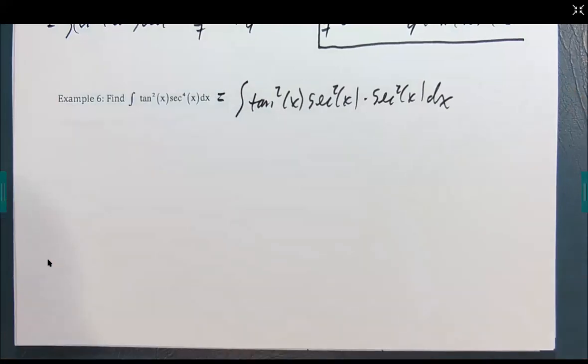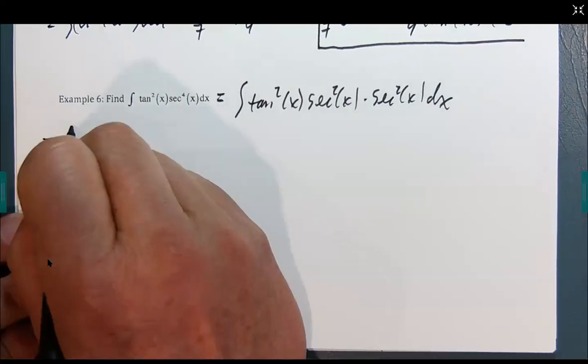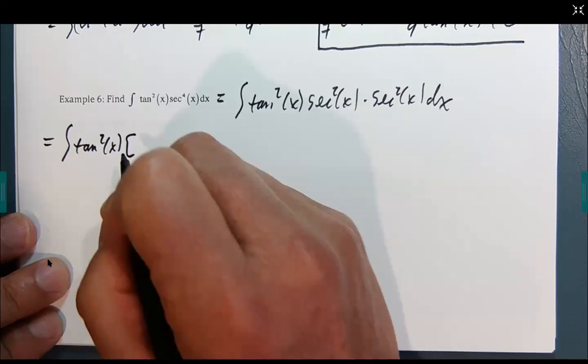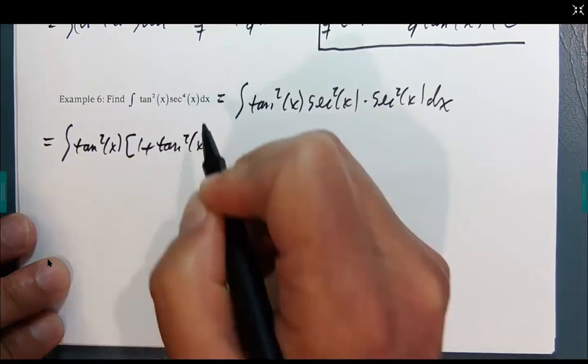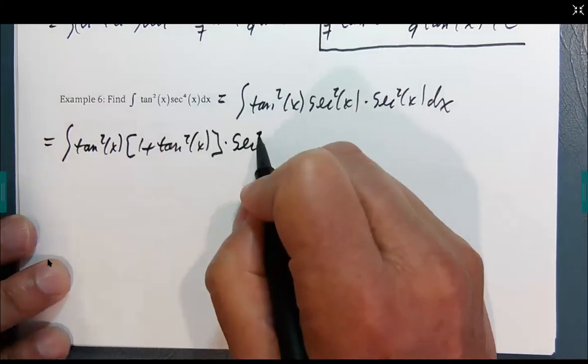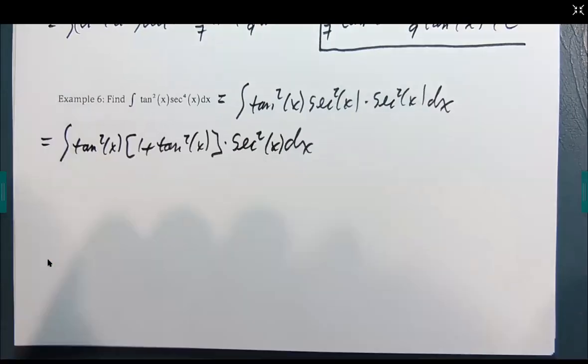And I'm going to let, oh, I still need to change the secant squared using my Pythagorean identity. And again, there's my derivative.